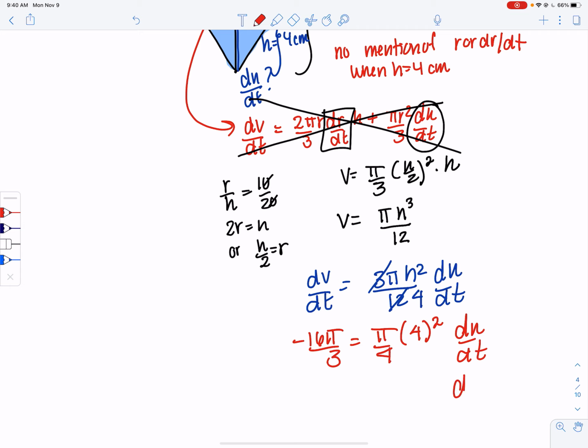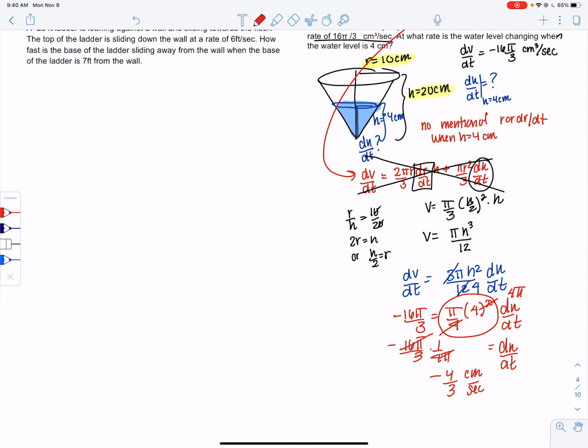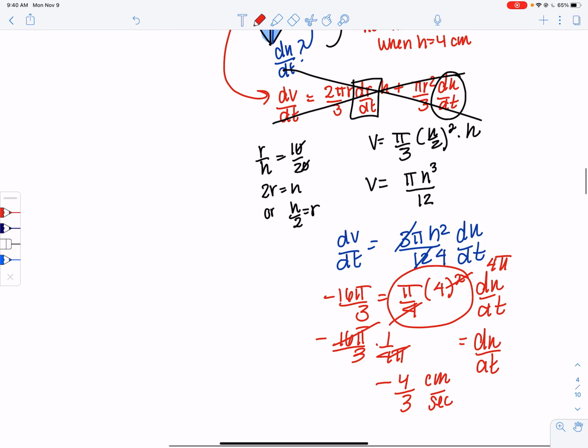So that means that dh/dt is equal to negative 16 pi over 3 divided by this quantity, which simplifies to just 4 pi. So times 1 over 4 pi, and I get negative 4 over 3 centimeters per second. Is it seconds? Yeah. Okay.